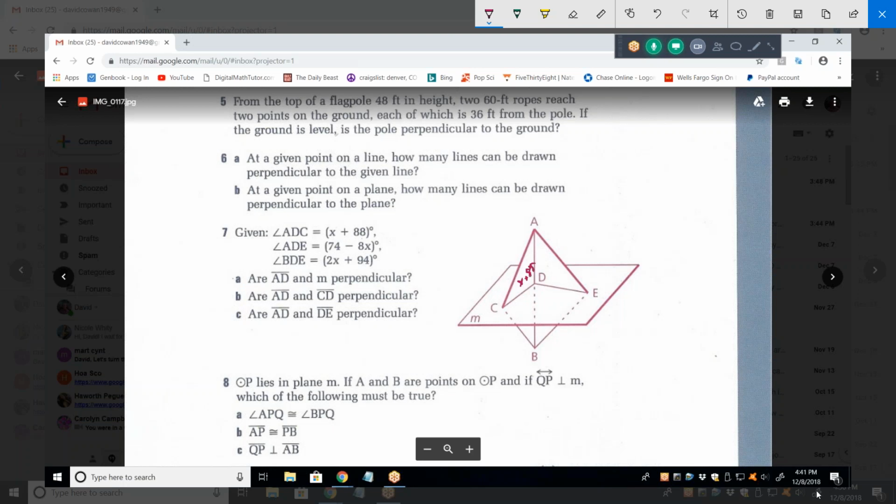In other words, what appears to be a right angle is x plus 88. ADE is 74 minus 8x. And BDE, this one right here, is 2x plus 94.